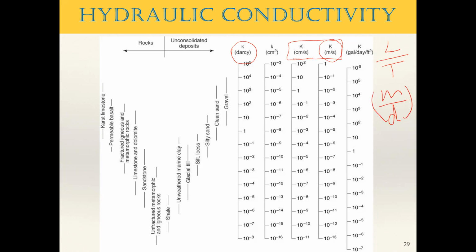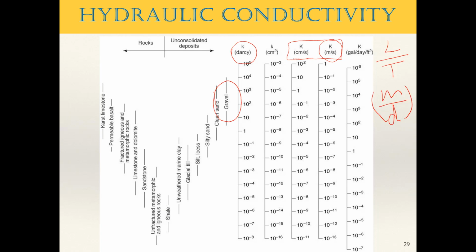So this variation here shows you how the hydraulic conductivity changes for different formations. Now you can see the gravel has the highest hydraulic conductivity. And also the porosity of the gravel is higher. Not as high as the porosity of the clay, but the porosity of the gravel is comparatively higher than most of the other geological formations.